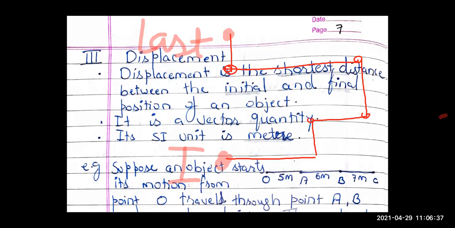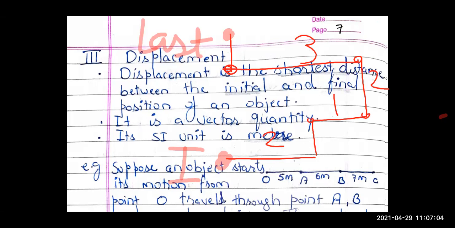This is your path, right? Suppose this is 2, this is 1, this is 2, and this is 3, right? So if we calculate the total path length, it will be 2 plus 1 plus 2 plus 3, that is 8. That 8 is the distance. What is your displacement?